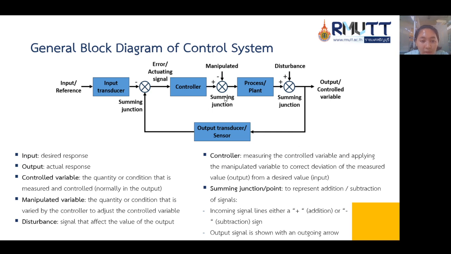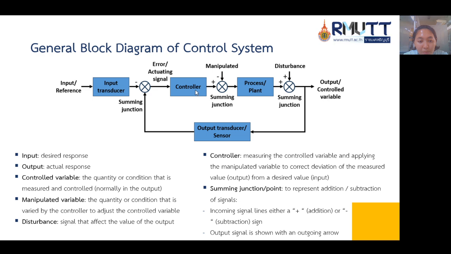This is the general block diagram of a control system. This is for a closed loop control system. There is an input or reference, then the input transducer, and then the comparator or summing junction. This is compared with the output from the sensor, the output or control variable, compared with the input, and then produces an error or actuating signal, which flows to the controller.